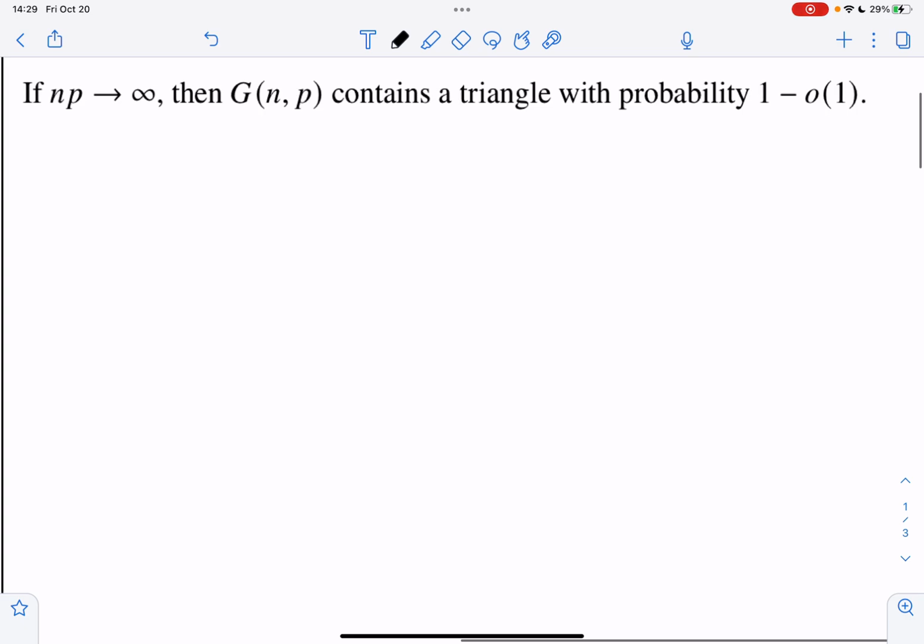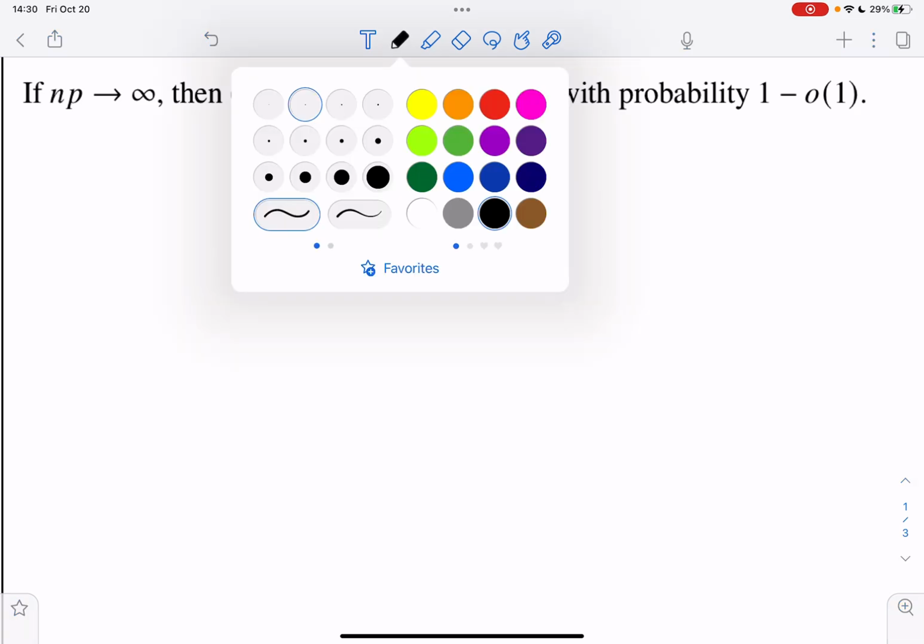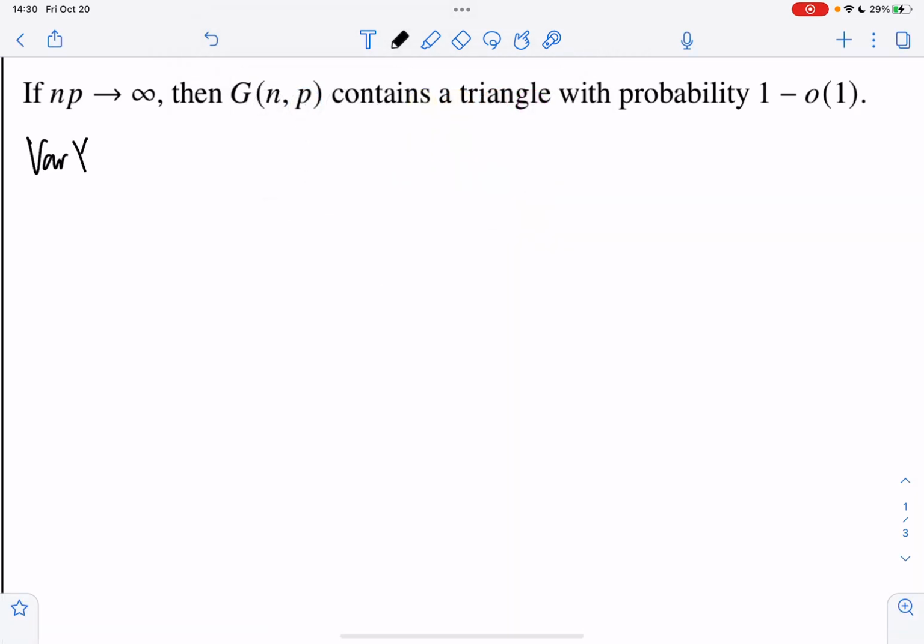In many situations it is not hard to compute the second moment. We have that clearly the variance of X can be written as the covariance of X with itself.